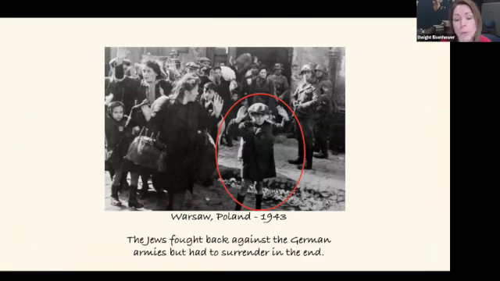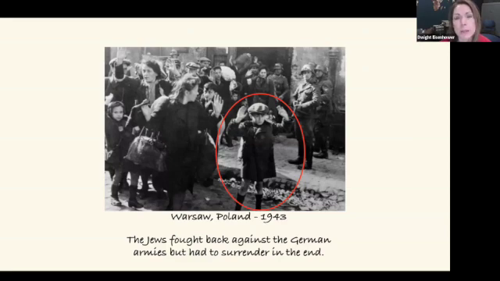This photograph is one of the most iconic of the Holocaust. It was taken in Warsaw, Poland in 1943 during the Warsaw Ghetto Uprising. This was an event where the Jewish people fought back to keep their freedom, but eventually had to surrender.